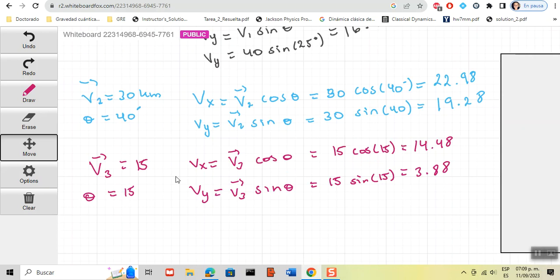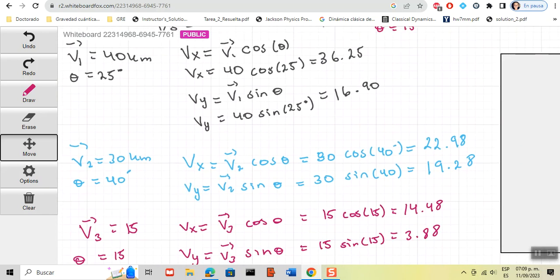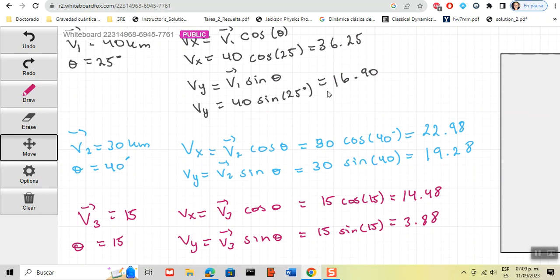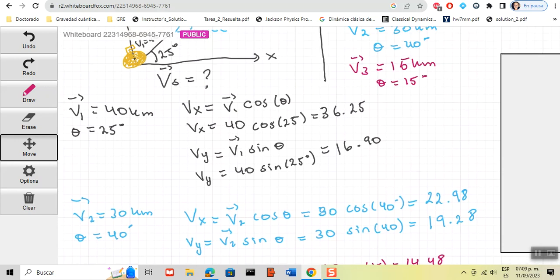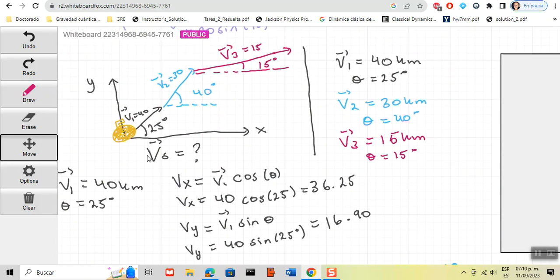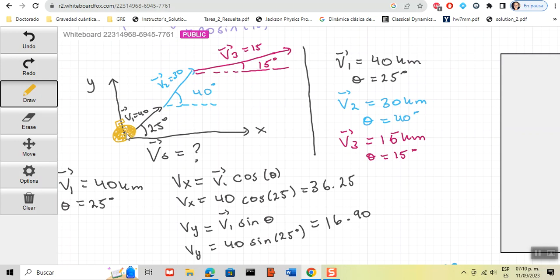Okay, guys, so this is the result for vector number 3, right? As you can see, we have the information for those 3 vectors, so we have the components for each of them. And what we're asked to do is to calculate the total displacement of the submarine. So I'm going to do a little triangle of what we might expect, to see what is the resulting vector that follows the submarine.